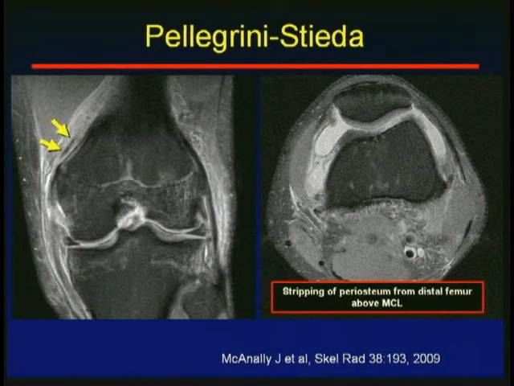Here's just another example. MCL extensively injured, deep and superficial components, and you see this linear band adjacent to the femur superiorly representing this elevation.